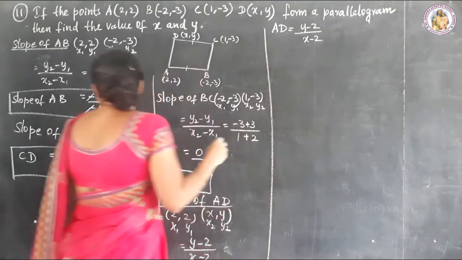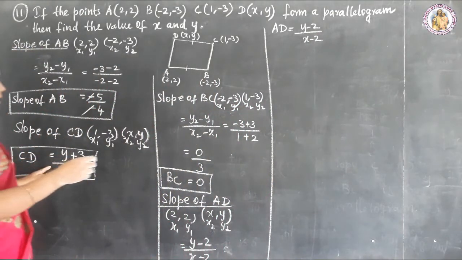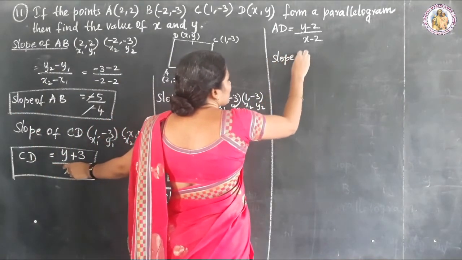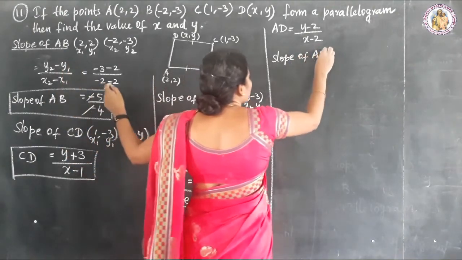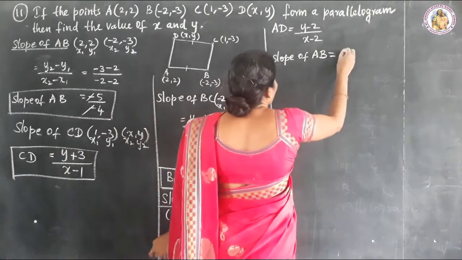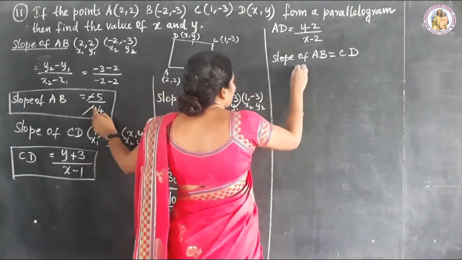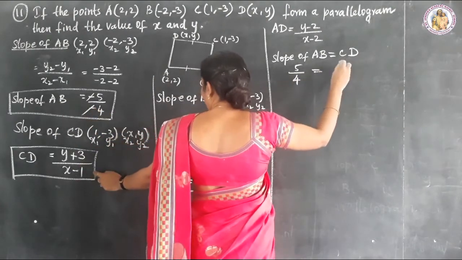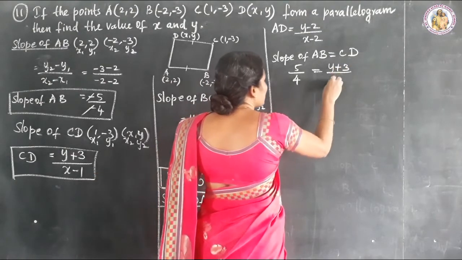Now as it is a parallelogram, slope of AB must be equal to slope of CD, since AB is parallel to CD. Slope of AB is 5 by 4, which is equal to slope of CD, y plus 3 divided by x minus 1.